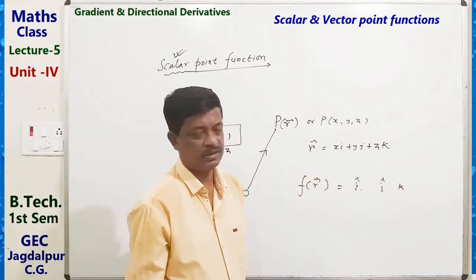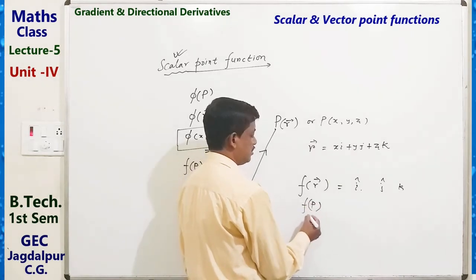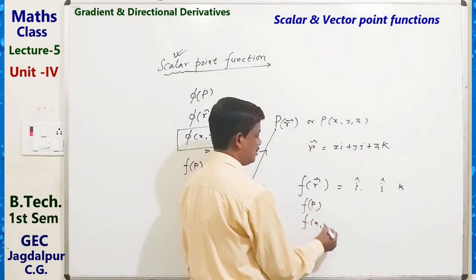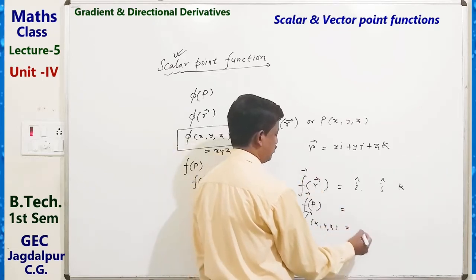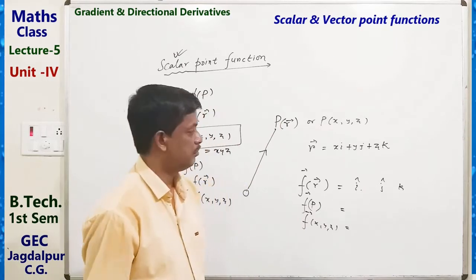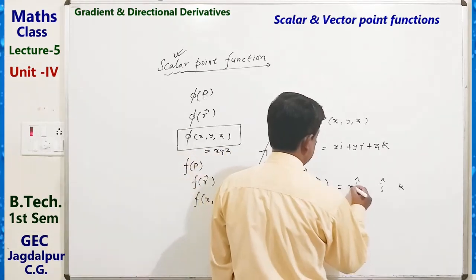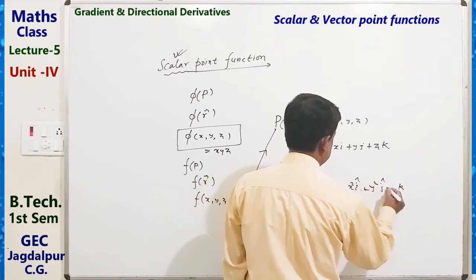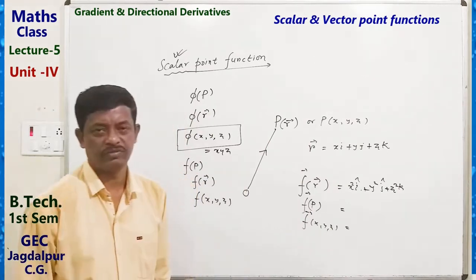For example, x square i plus y square j plus z square k may be a vector point function.